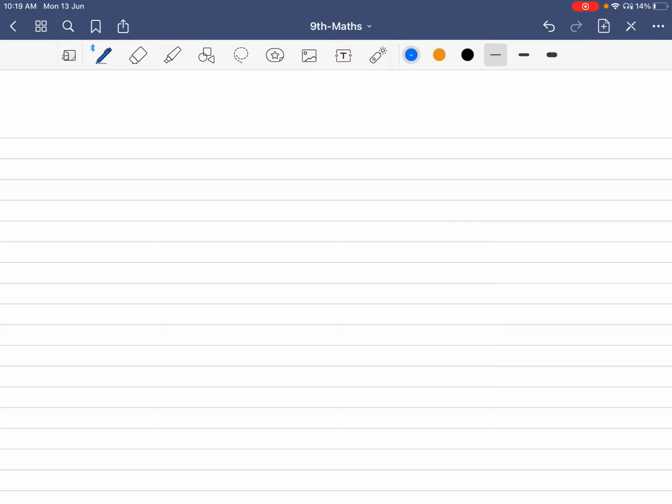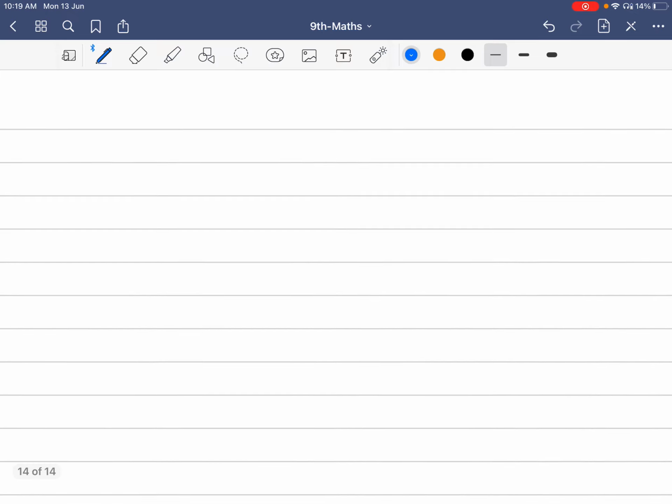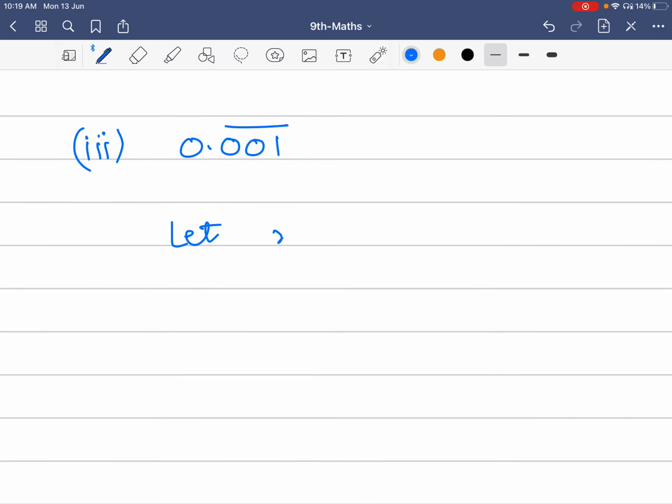So the third question is 0.001 bar. Once again, we check the number of digits below the bar. There are 3 digits, so we are going to multiply by 1000. First, let's zoom in. Let x be equal to 0.001 bar, which is nothing but 0.001001001 and so on.